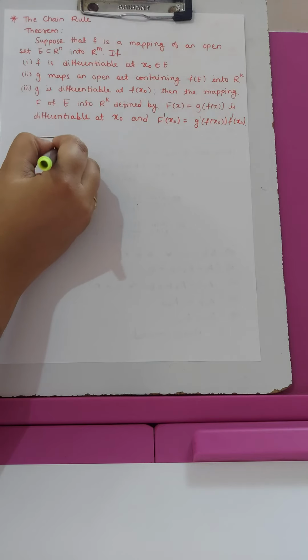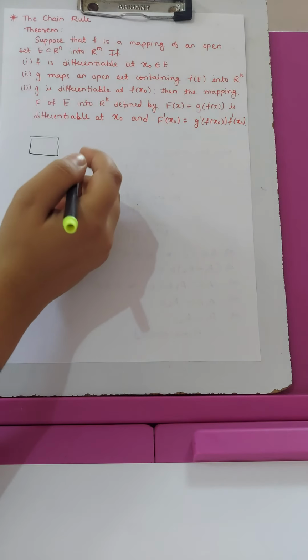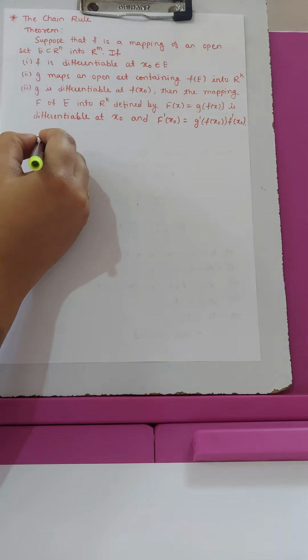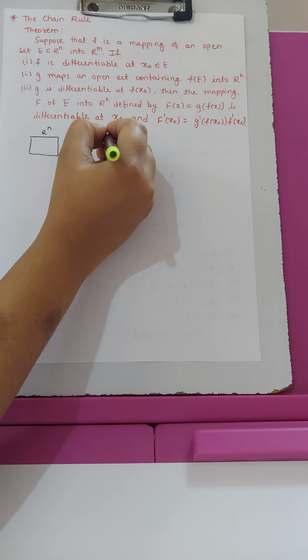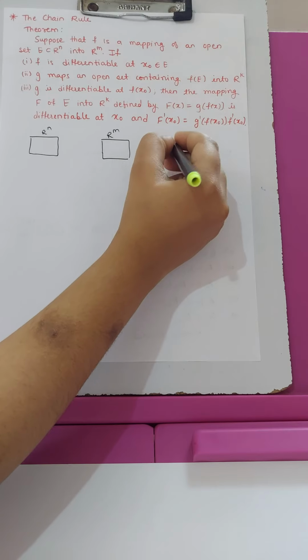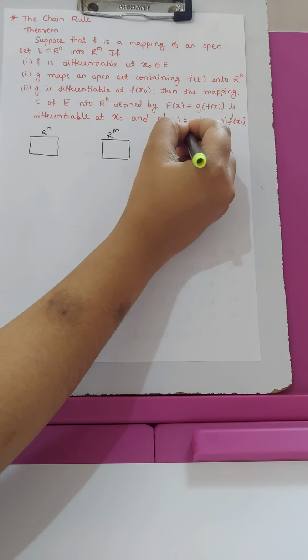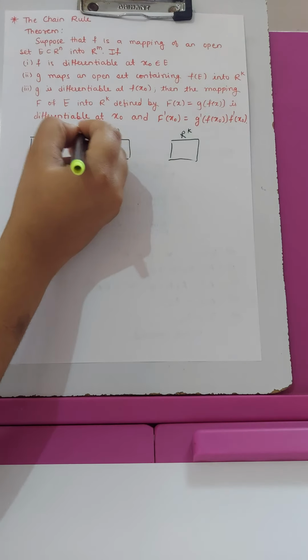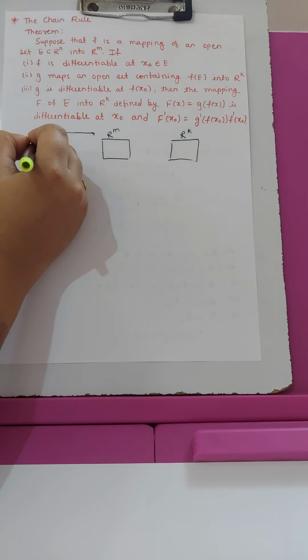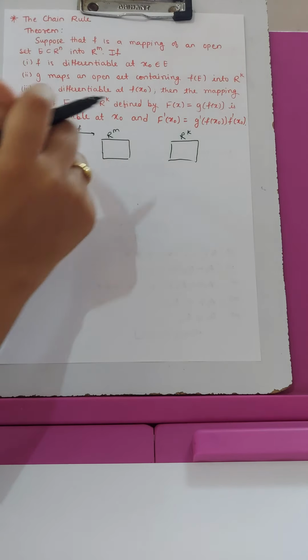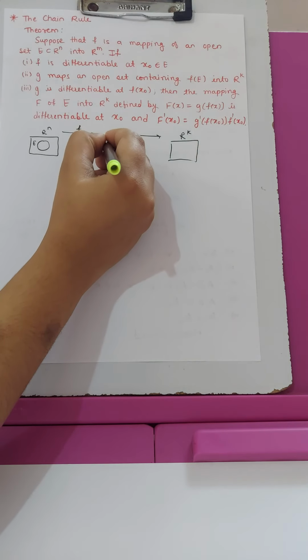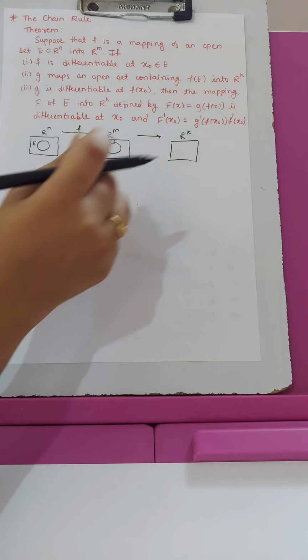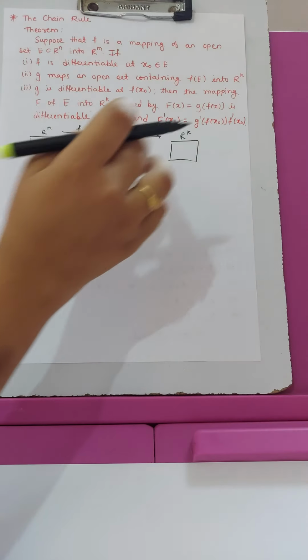So here this first f is a mapping from, if this is Rm, this is Rm, and this set is Rk, then f is a mapping from this set E to Rm, and g is a mapping from this f of E to Rk.